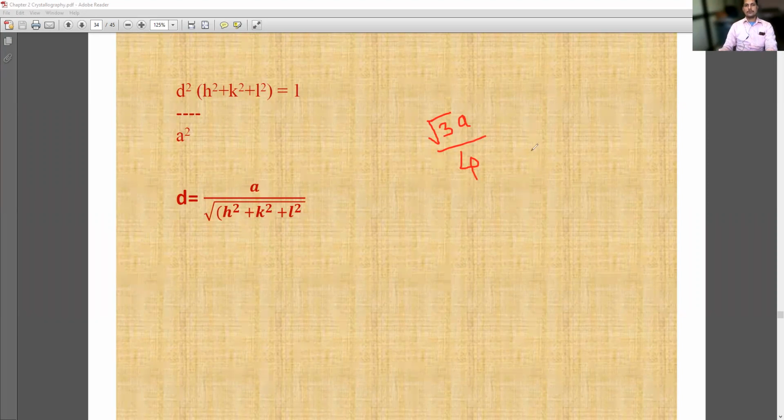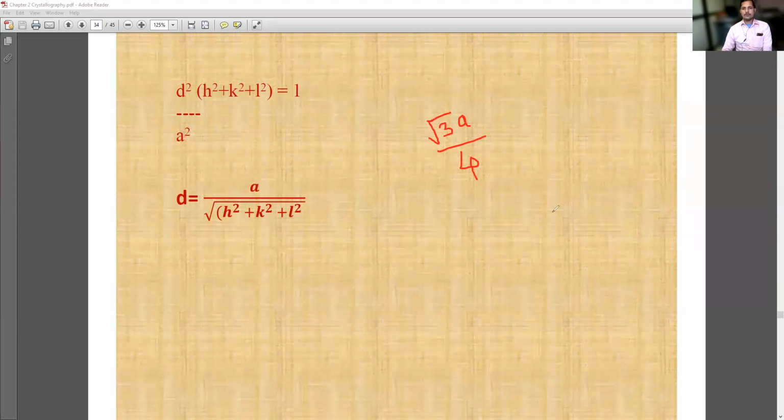So just clear one concept before starting our MCQ, because in MCQ 3-4 MCQs are related to this atomic radius. So what is meant by atomic radius? How can we define it? Half the distance between 2 nearest neighbors.